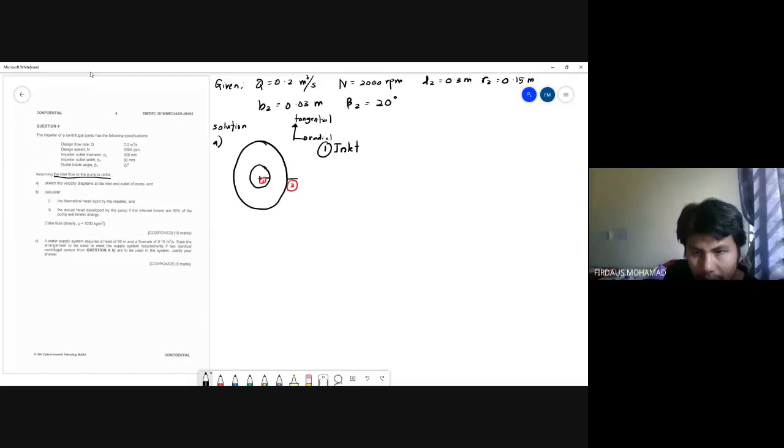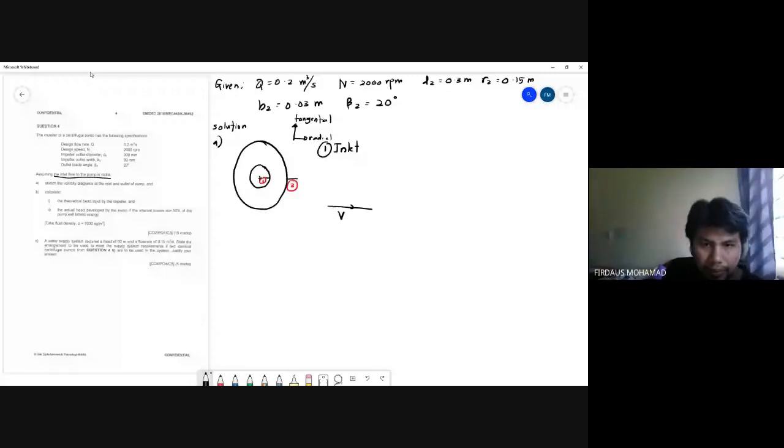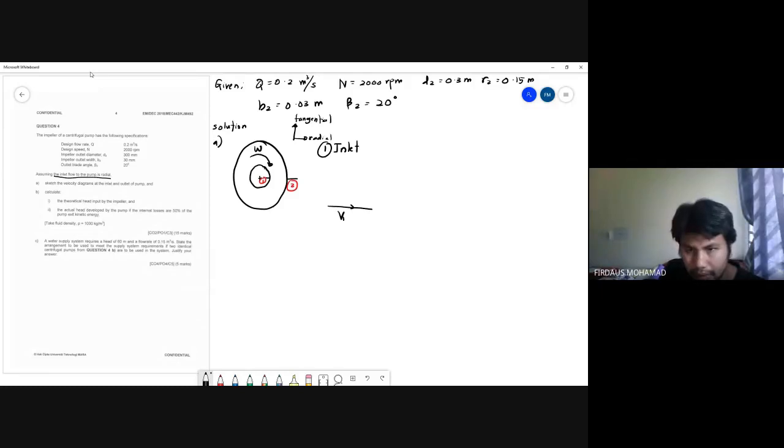So this is V1, and let's say this is our omega, and we have V1 the absolute velocity. This is U, which is the blade speed.